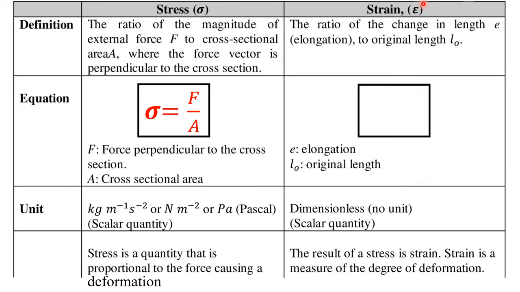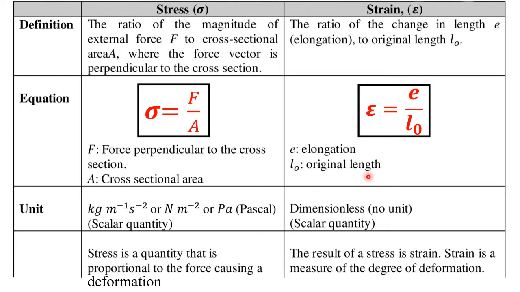How about strain? Definition for strain is the ratio of the change in length, elongation E, to original length L0. The equation for strain is strain equals E over L0, where E is elongation, L0 is original length. Unit for elongation and L0 should be the same.